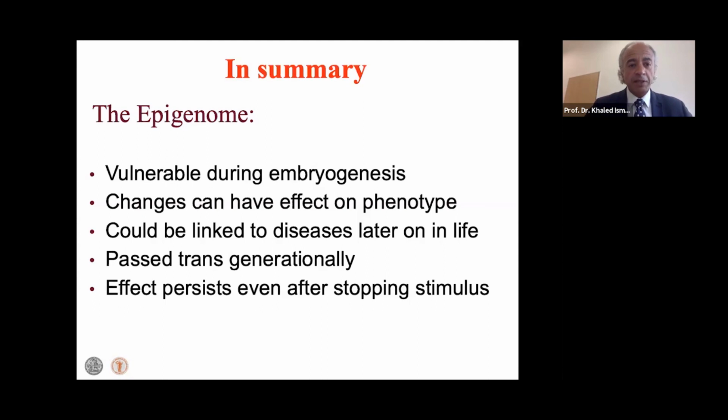So to summarize my talk, the epigenome is very vulnerable during the period of embryogenesis. Epigenetic changes that can happen can impact not only on our genotype, but also on the phenotype, if we think of birth weight, because this is a phenotype. These phenotypic changes could indeed be linked to diseases later on in life.